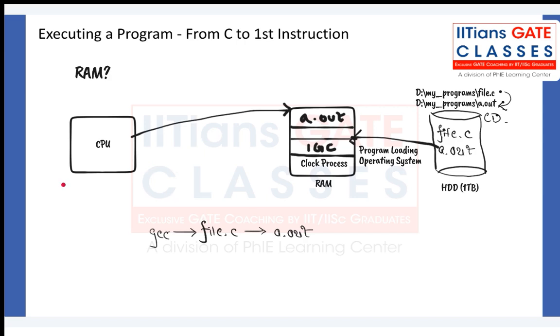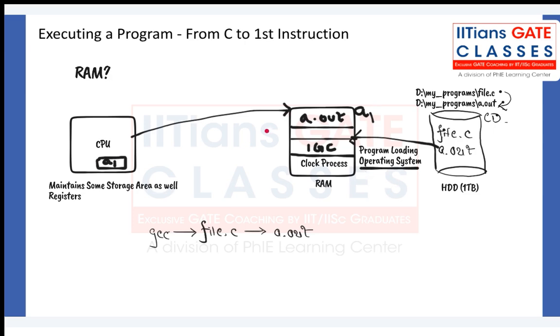The CPU also maintains some storage area. They are called registers. A register is basically a storage area. Whatever address this a.out is in, let's say this is in A1, the CPU will store that address in a particular register. The name of it is called program counter, but I will go into that in detail when we look at the course. And this register, the program counter, is loaded with the address A1 by the operating system.